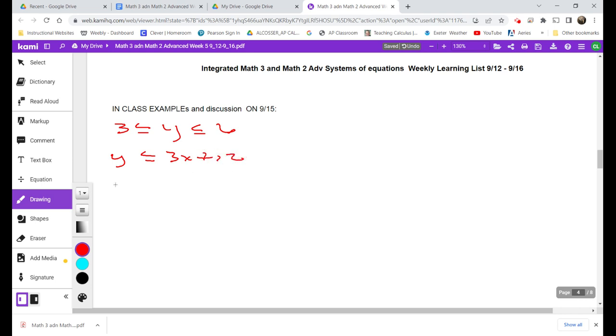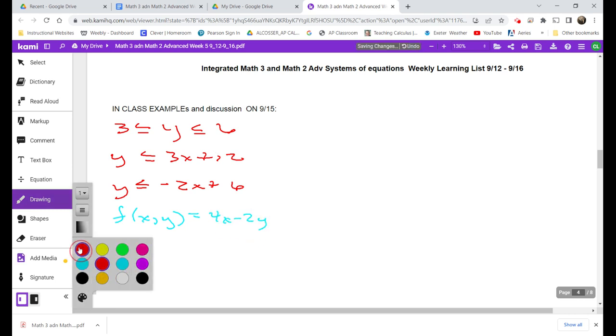And then y is less than negative 2x plus 6. Okay. And then we have one new piece. The function of x and y equals 4x minus 2y.